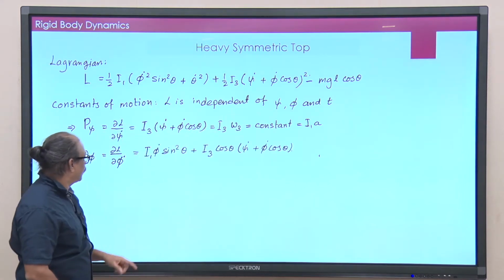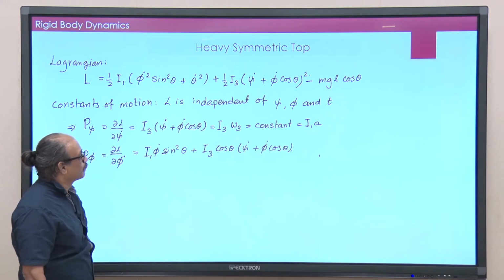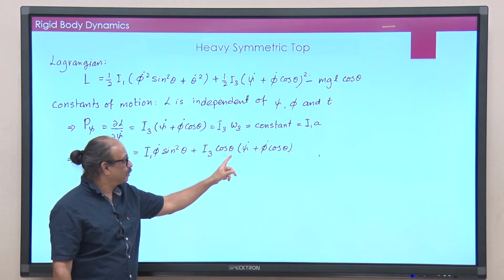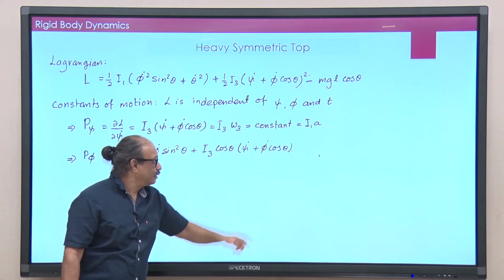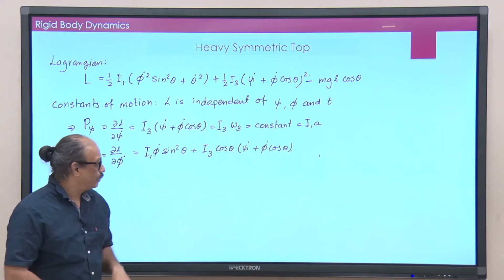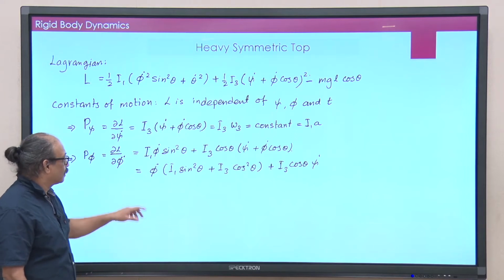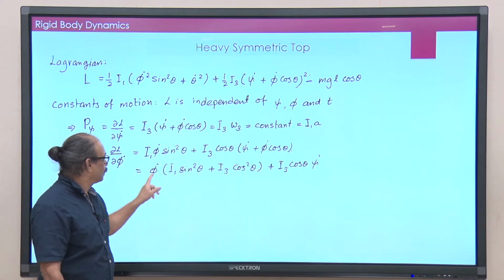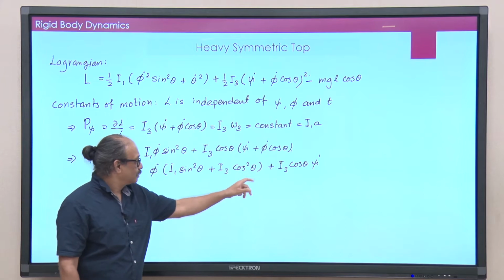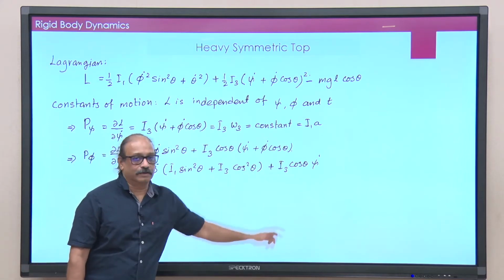Okay. So, let us write that. So, this is I 1 phi dot sin square theta, and from there I have I 3 cos theta, and then you have this phi dot plus psi dot plus phi dot cos theta, and that is omega 3. But anyway, I will equate all of this, you rewrite this so that you have phi dot into an expression and psi dot into an expression.